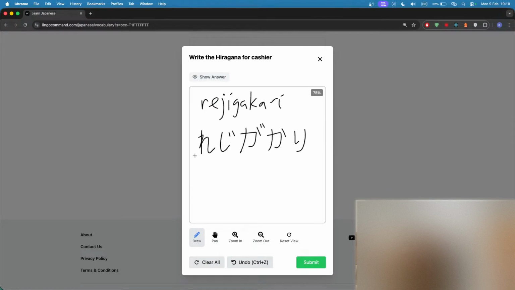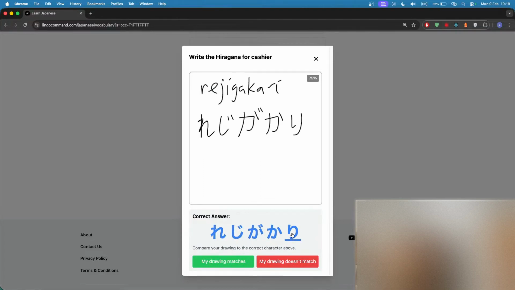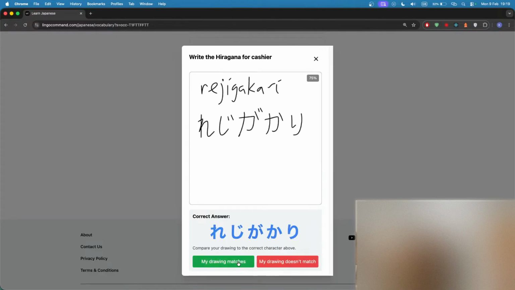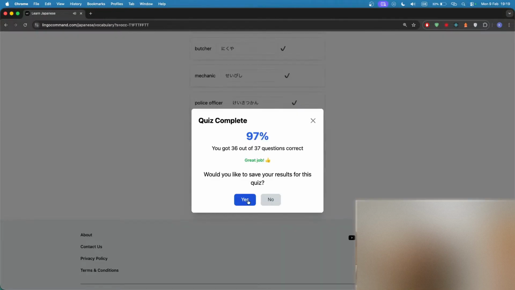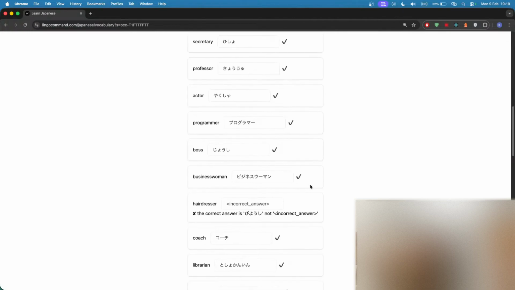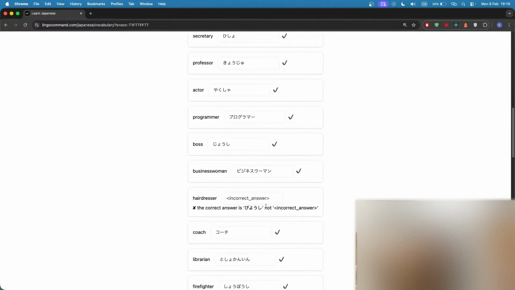And then we need ri. Once again, we can see that this is the handwritten form of ri. And so that was pretty good. Let's see which one do we get wrong. Byoshi. Oh yeah, I remember writing a hi here in katakana.